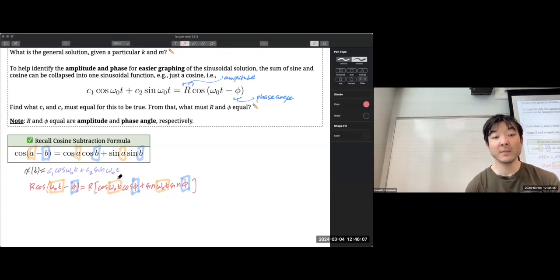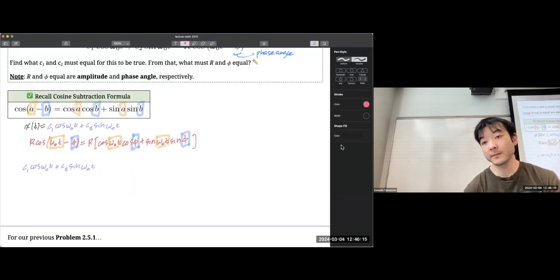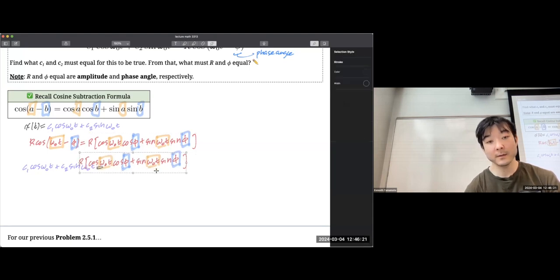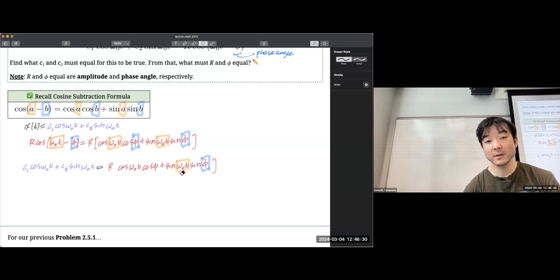So this was our left-hand side, which is the original form of our solution, equals this. I'll get rid of all these colors and distribute the R to each of these.